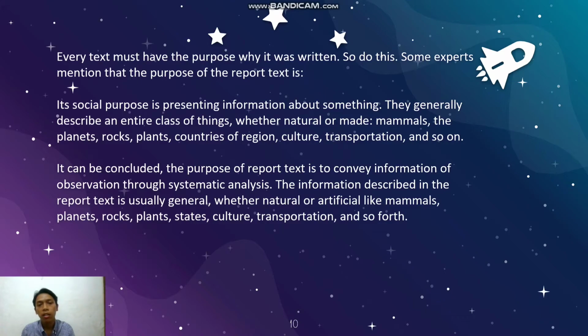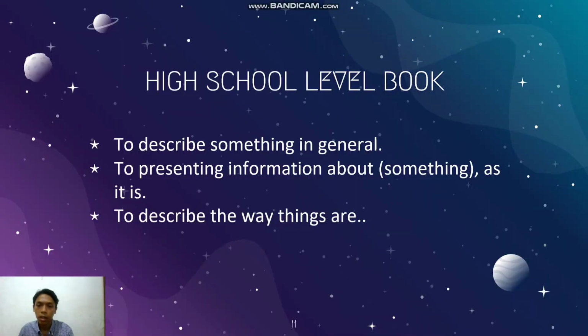I can conclude that report text has two purposes. The first is presenting information about something in general and specific, and the second is to convey information from observation through systematic analysis. So the information in a report text must be systematic. You get the point? Okay.